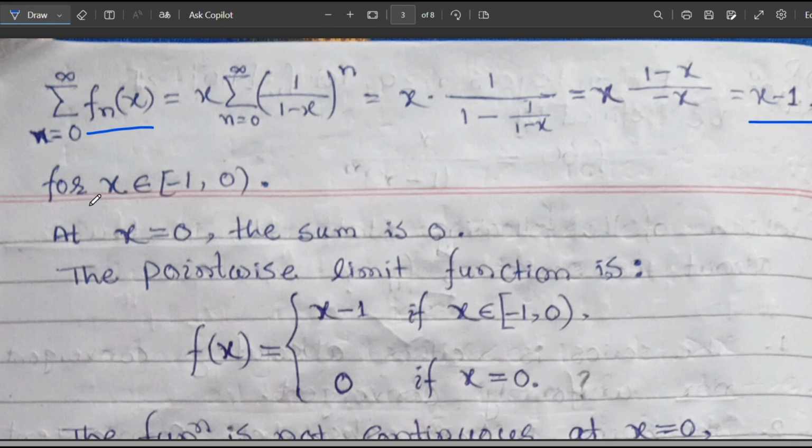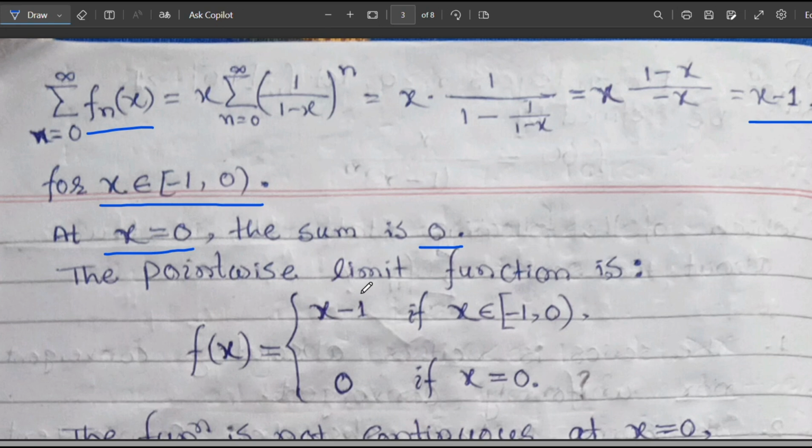For x in the closed interval -1 to 0, at x equal to 0, the sum is 0. Whenever x is 0, this whole sum becomes 0.